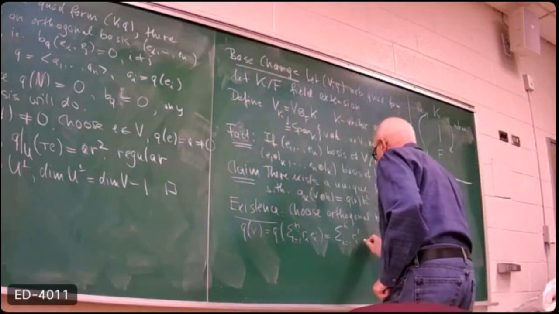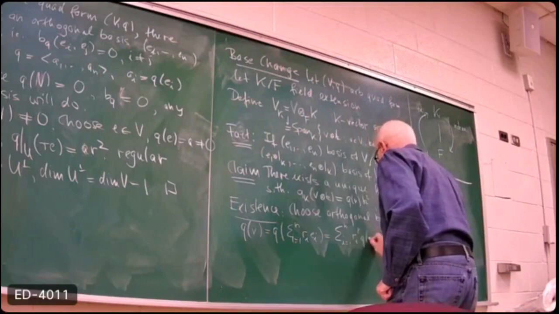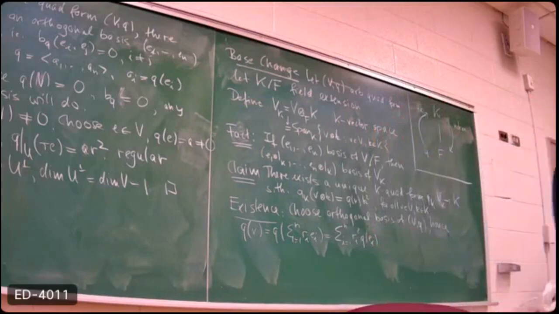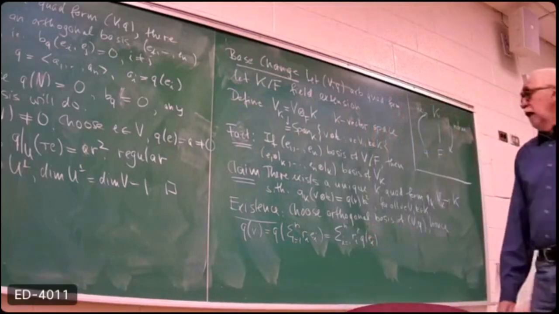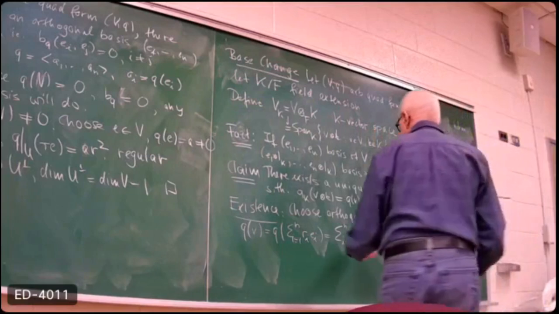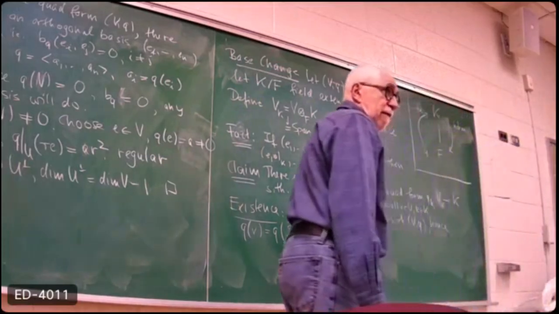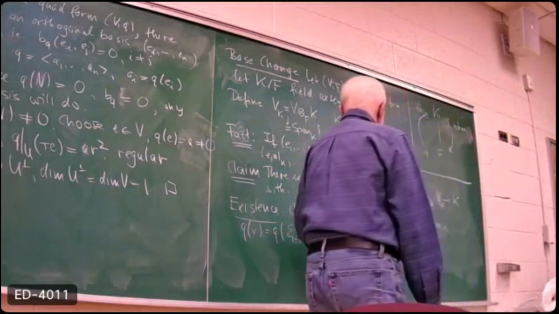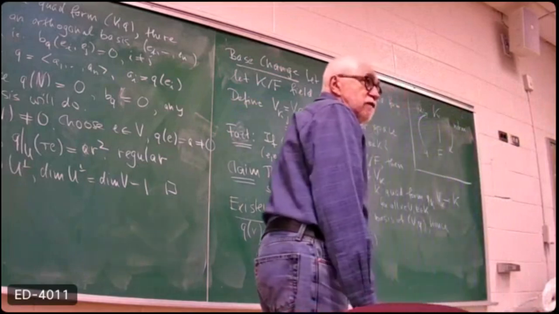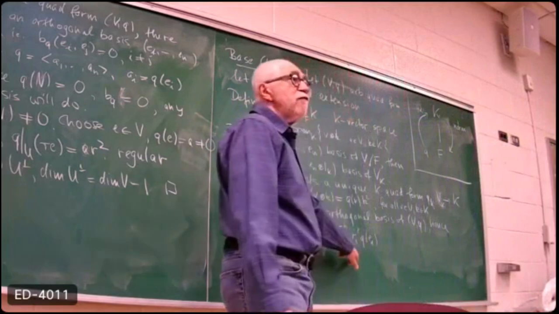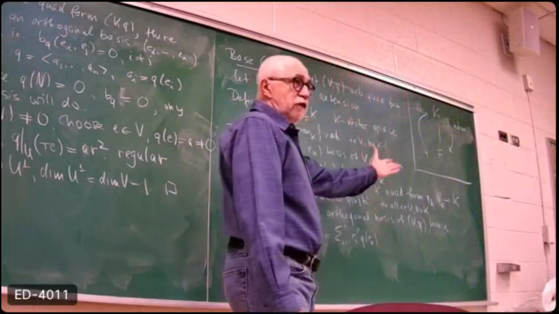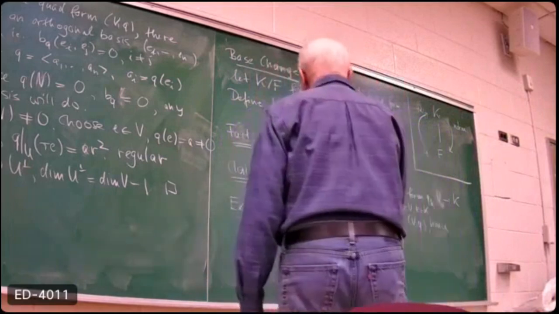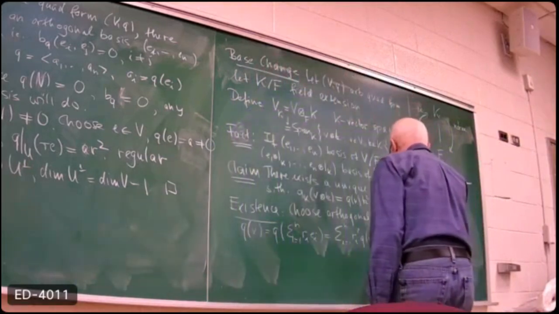But because this is an orthogonal basis, this becomes just the sum from i equals 1 to n of r_i squared Q of e_i. Now this is a polynomial in the r_i squared. But now what I do is I simply replace scalars which come from F with scalars from K, and I use the same form.